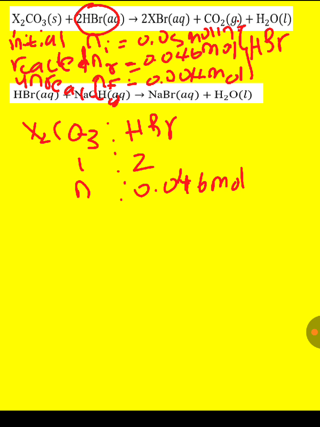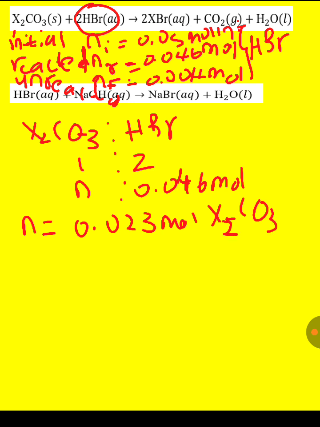So for the number of moles, you cross multiply them, and you'll get the number of moles of this substance being there. They are half of that, right? So after getting the number of moles, I must get the molar mass of the substance.